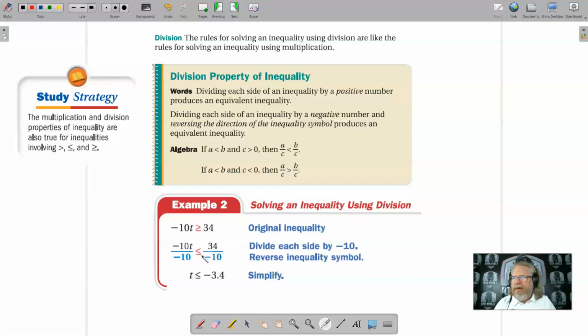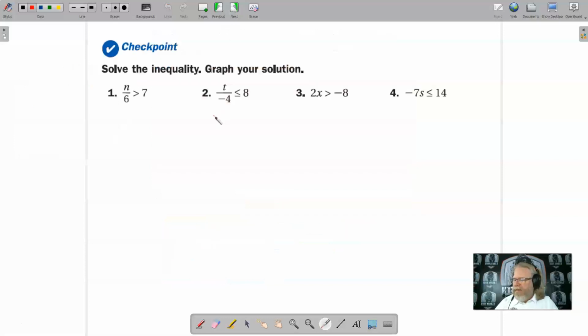Notice the sign's already been reversed. The -10s cancel each other, leaving us with just t on the left. And positive 34 divided by -10 equals -3.4. So we end up with t is less than or equal to -3.4.